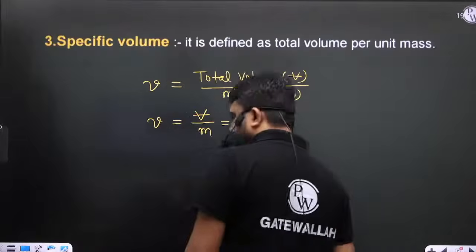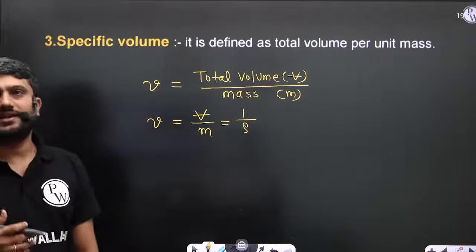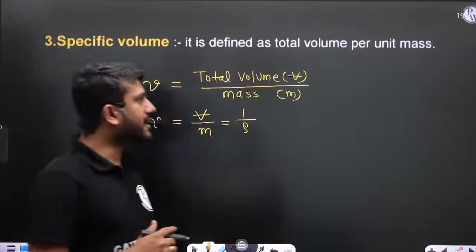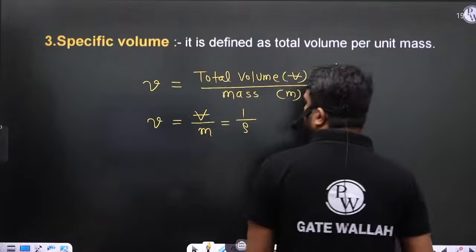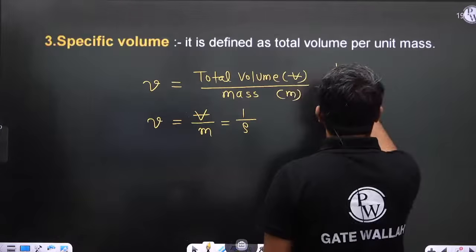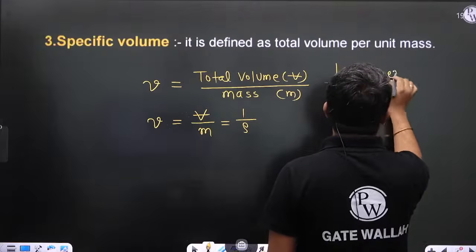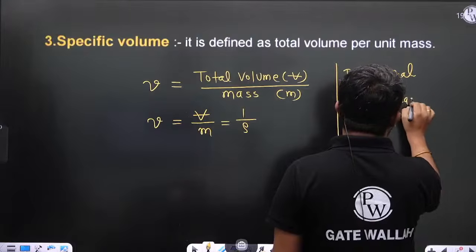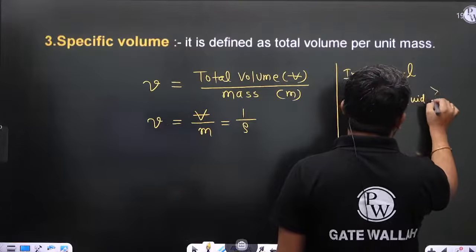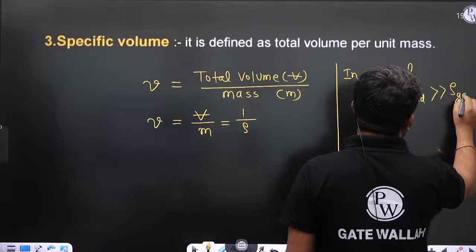If we compare the specific volume of liquids and gases, we know that in general the density of liquid is higher than the density of gas.